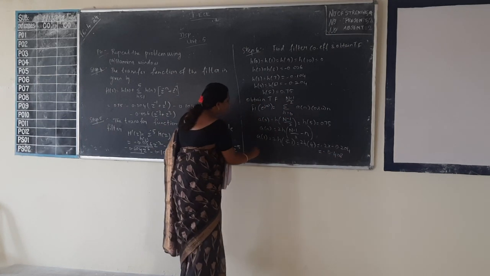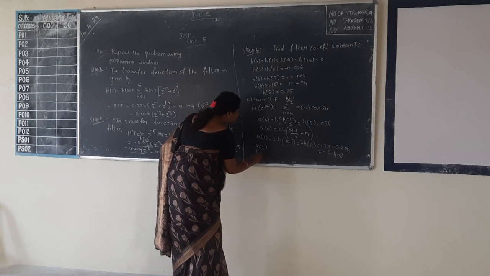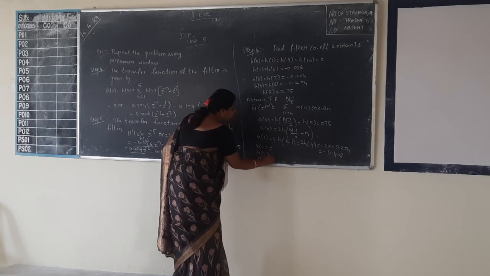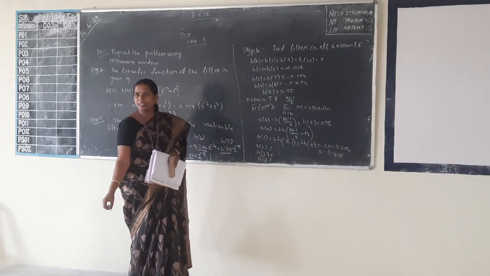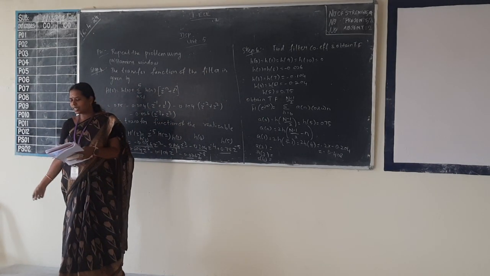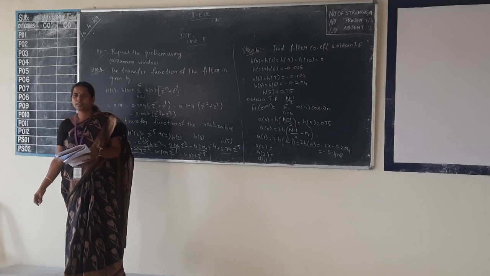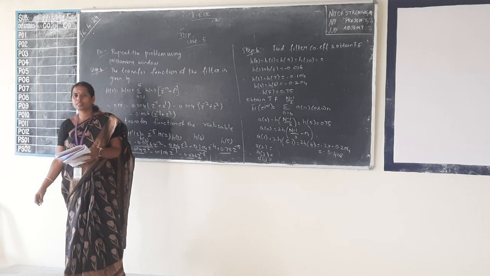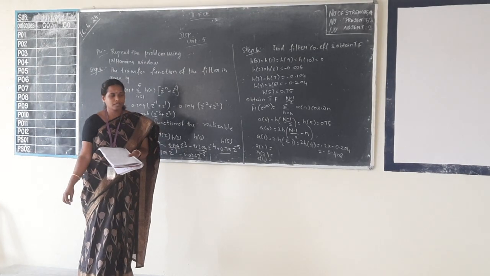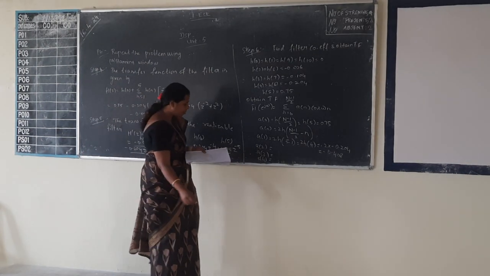Then we find out up to A5. What is A of 2? Has anyone completed? Minus 0.208. Minus 0.208.